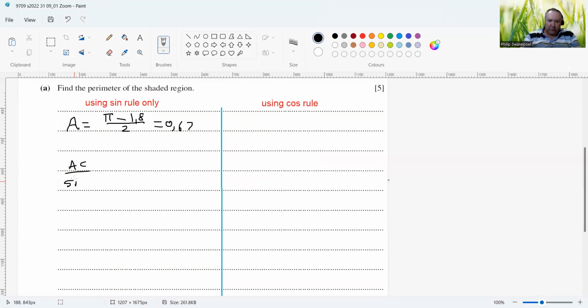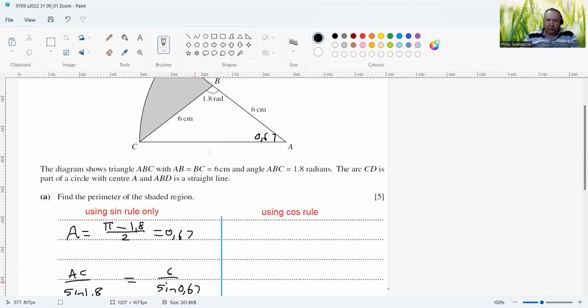Okay, so let's do AC over sin of 1.8, which will be the same as 6 over sin of 0.67. So that's using the sin rule.